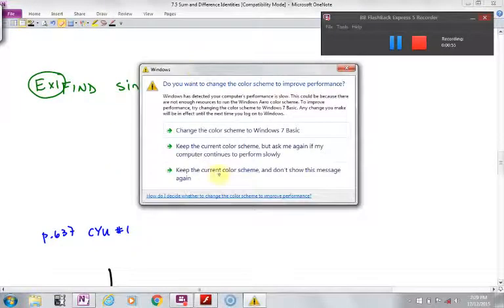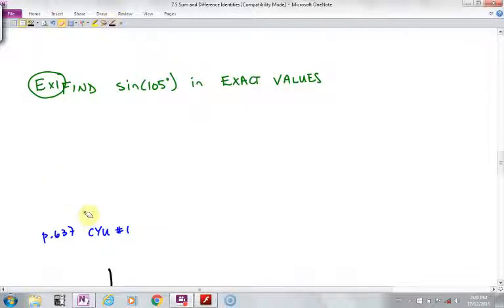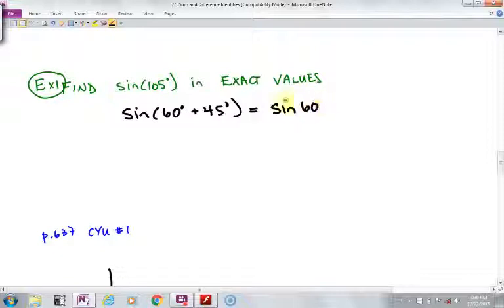However, sine 105 can be written as sine of 60 plus 45. So since I can write 105 degrees as the sum of 2 special angles, and since I know my special angle identities, I can say that that is sine 60 times cos 45 plus cos 60 times sine 45.